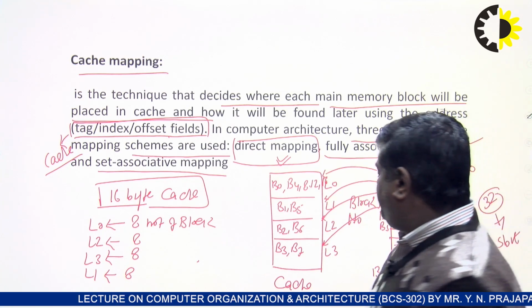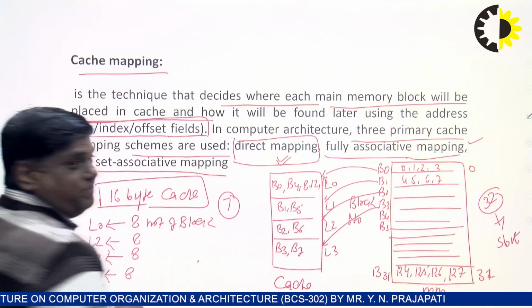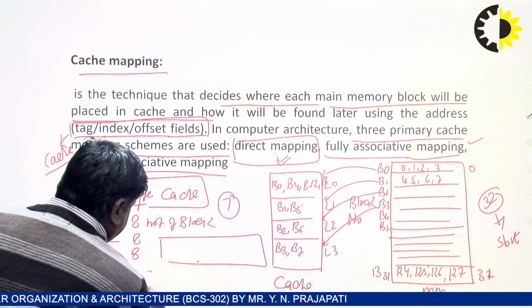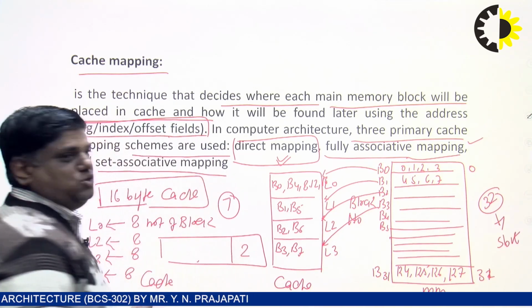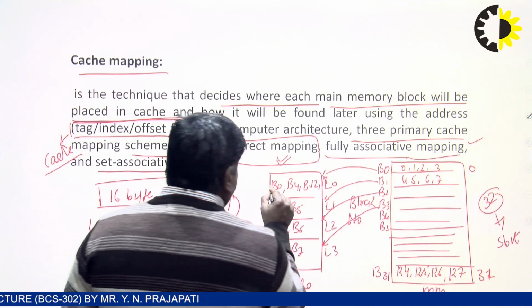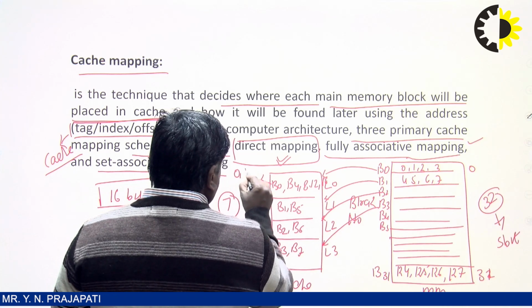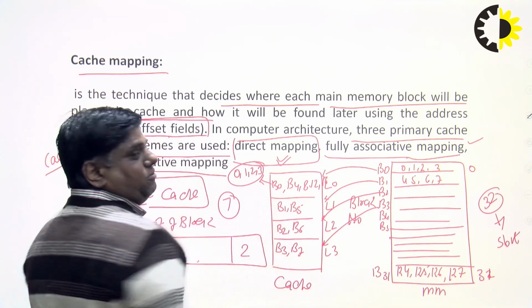Now the total size is 7 bits. Now of the 7 bits, 2 bits are fixed for the word offset, because in B0 there are the words 0, 1, 2 and 3, and 2 bits are required.